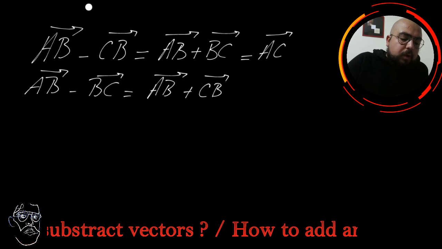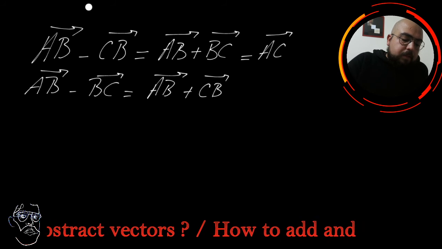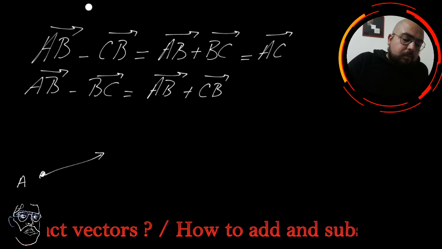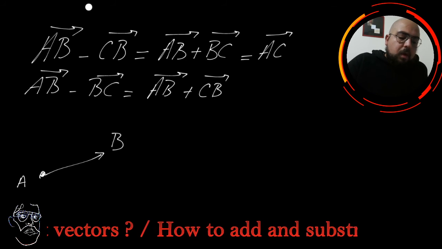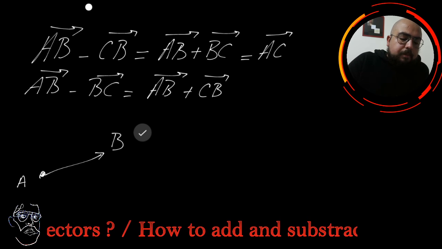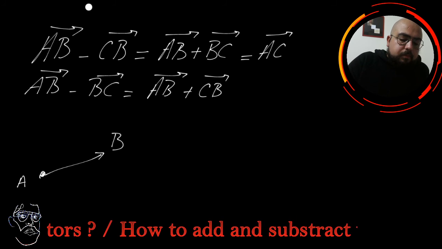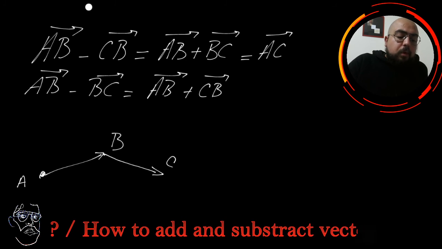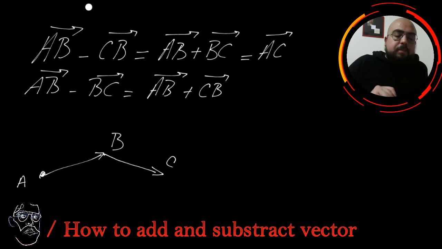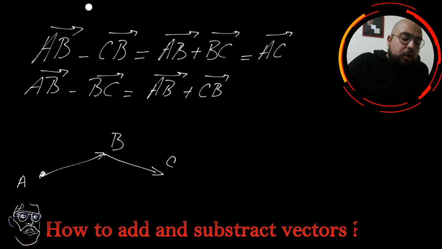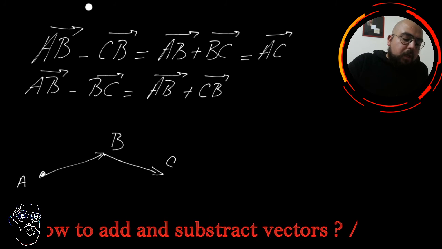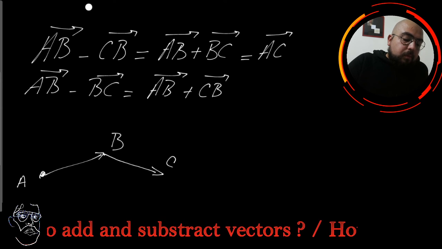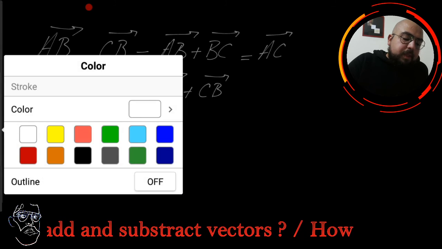Now, in order to understand what is happening in this case, this is AB, and this is the vector BC. What do I mean by AB minus BC? At the point B, I can do the opposite of BC.